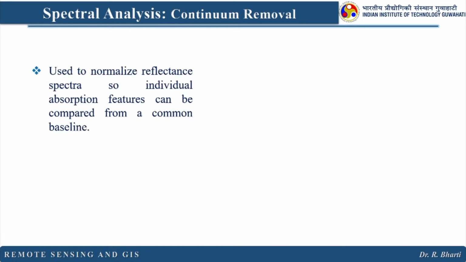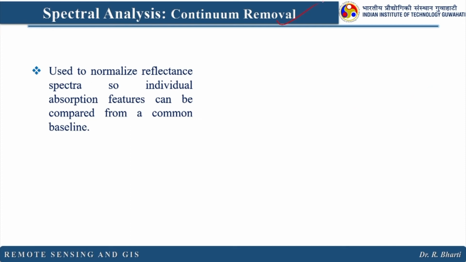So if you see any spectra, then we need to measure the depth, and based on this depth we identify their contribution or composition, or their amount in the pixel.